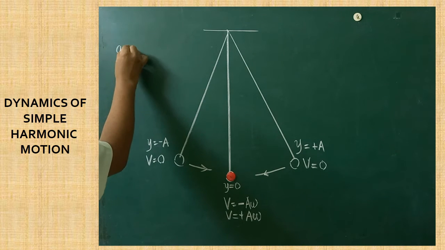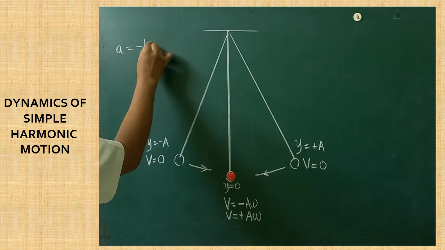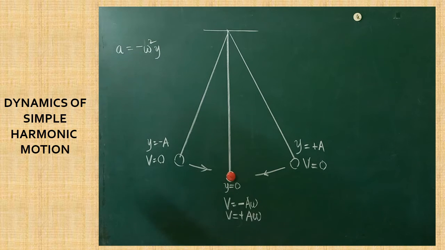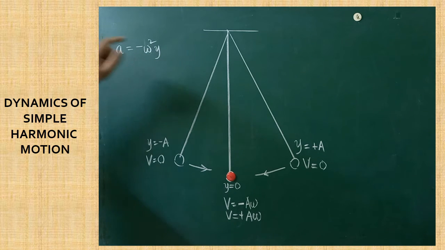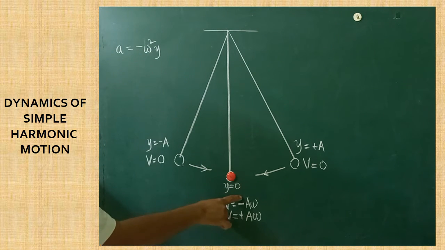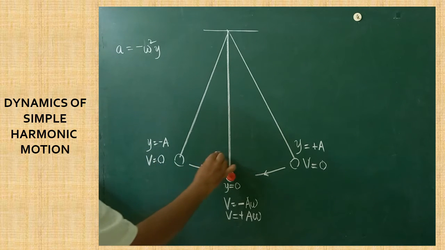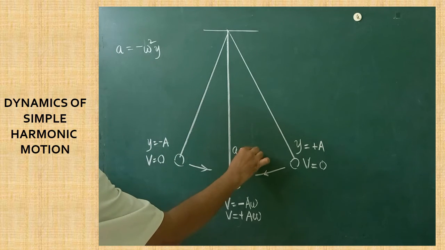Look at the equation: a is equal to minus omega square y is the equation for simple harmonic motion. When y is equal to 0, what will happen to the acceleration? The acceleration value also becomes 0. Therefore, in the mean position, the acceleration value is 0.